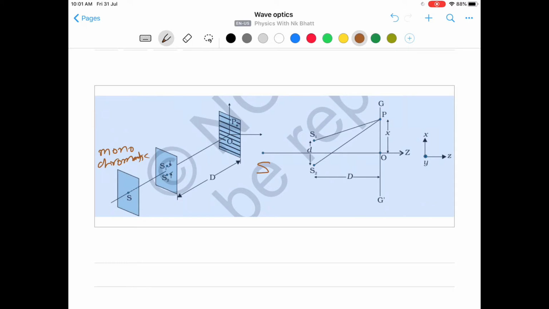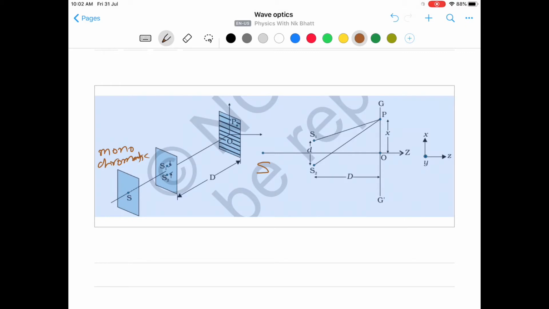The waves originated from S1 and S2 superpose each other. For instance, we take point P where they are superposed, and we will try to understand whether this point P will be bright or dark, using the conditions obtained in the last video lecture for constructive and destructive interference.